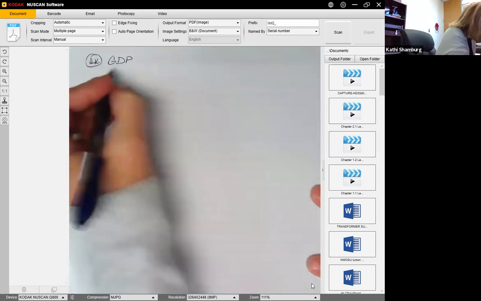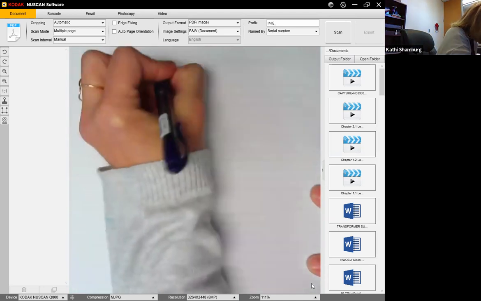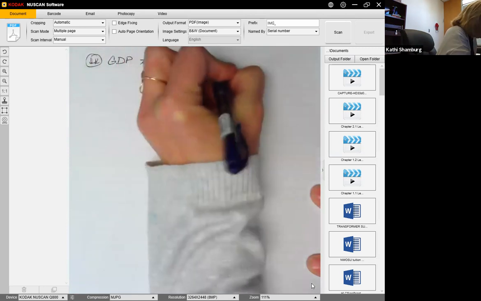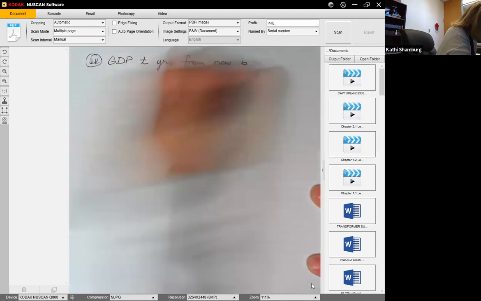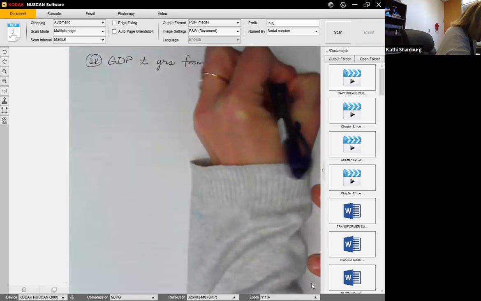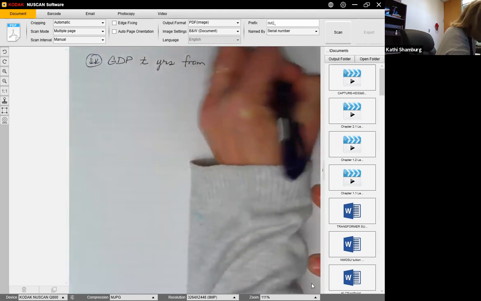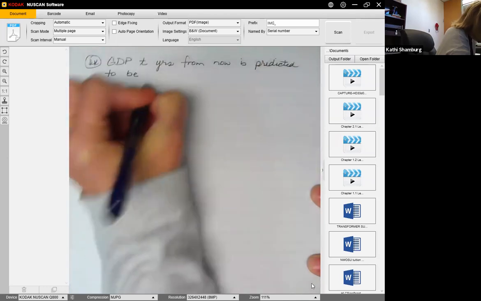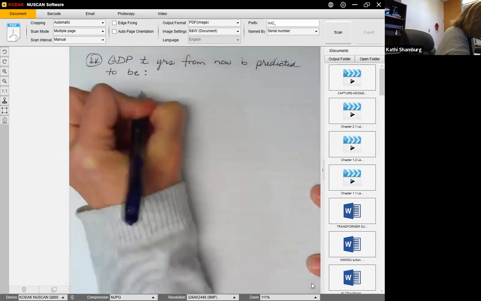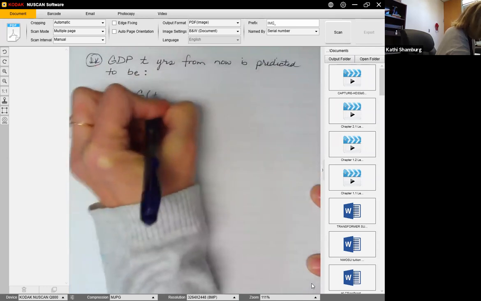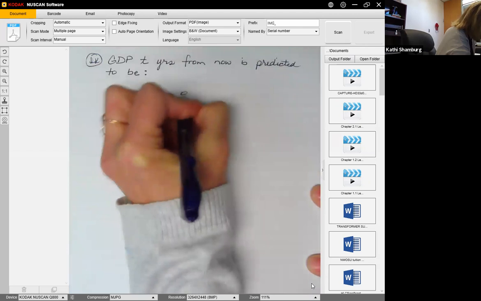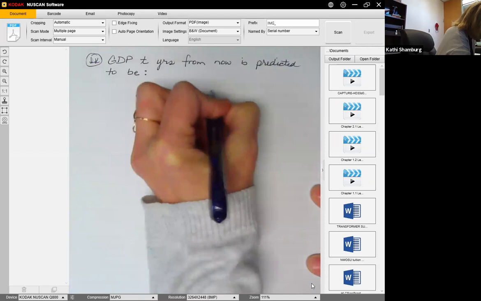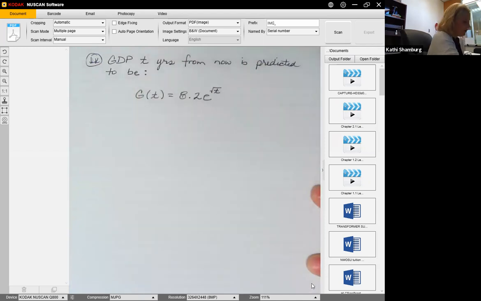Okay, so the GDP T years from now is predicted to be 8.2 e to the square root of t.